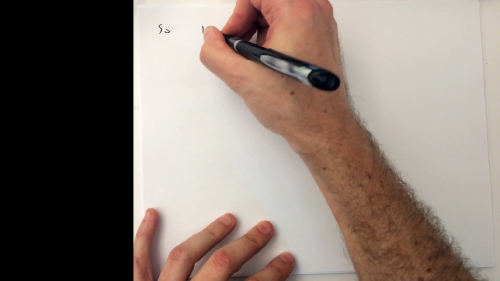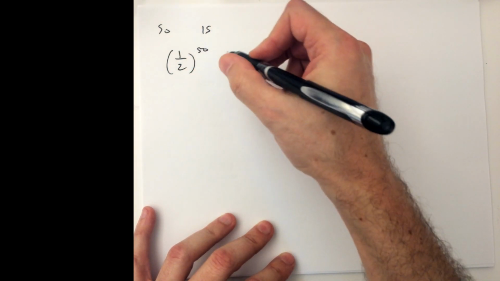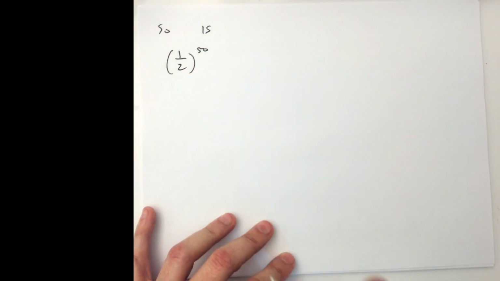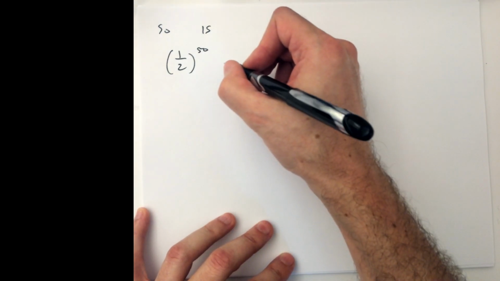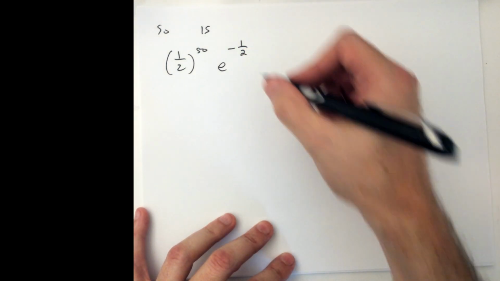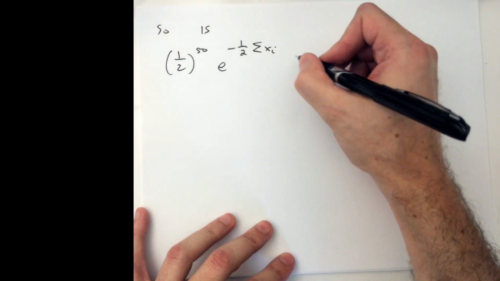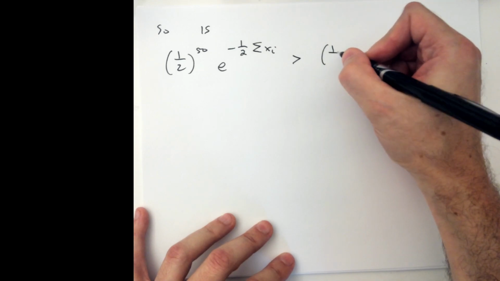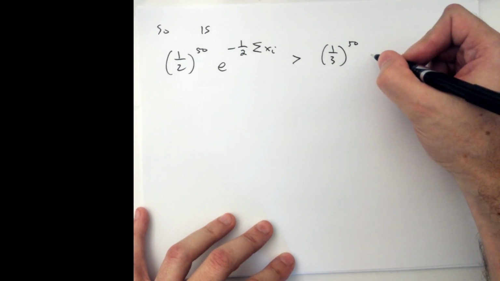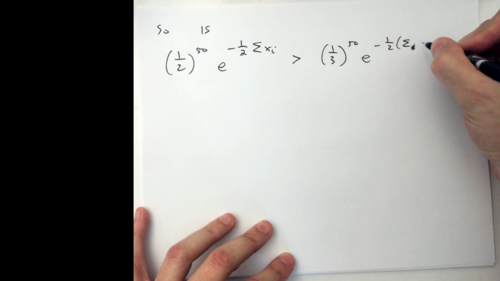So what does the ratio of these things look like? We want to know: is 1/2 to the 50th power, and again I'm going to rearrange things a little bit, e to the minus 1/2 times the sum of the x's, greater than 1/3 to the 50th power of e to the minus 1/3 times the sum of the x's?